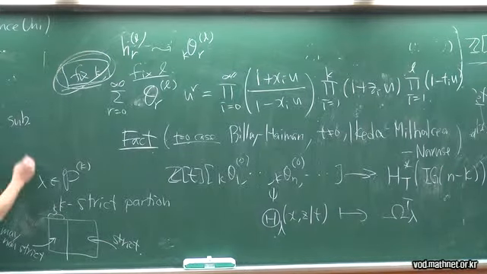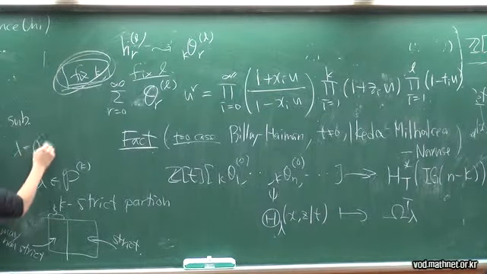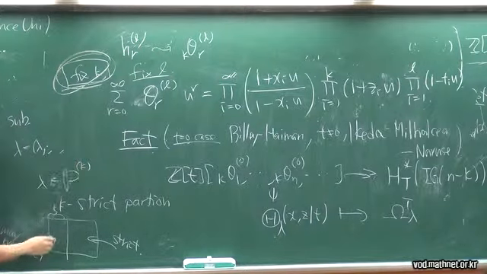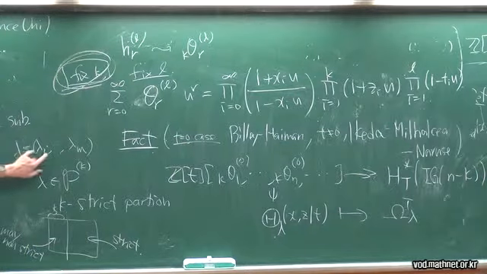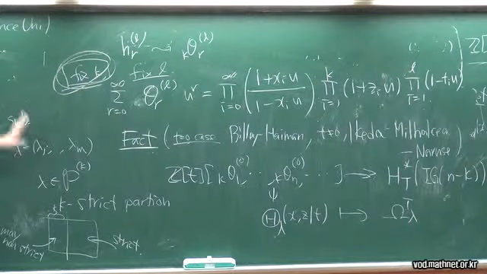If you write this lambda as lambda 1 through lambda m, then if the index is less than or equal to k, it's like a usual partition, weakly decreasing. But if you go beyond k, then it has to be strictly decreasing.